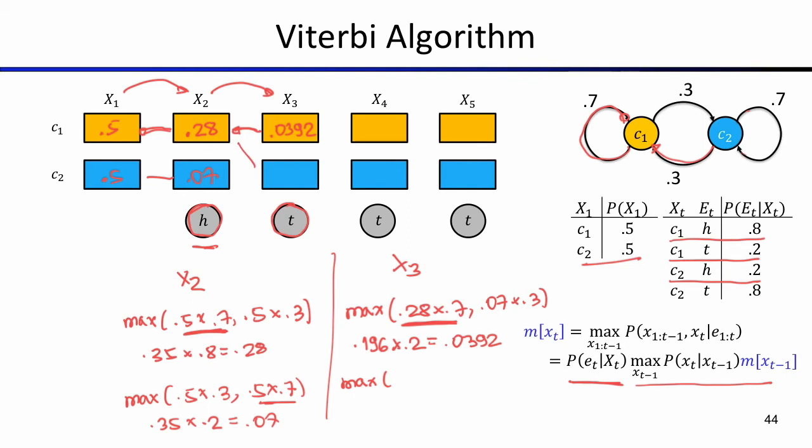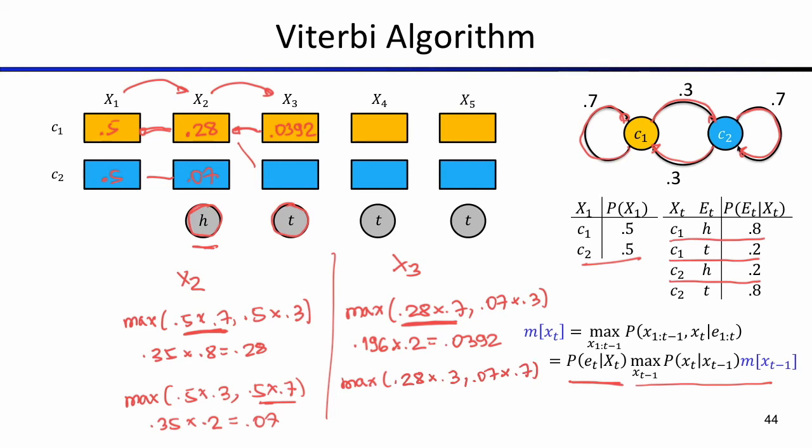So it's going to be 0.28, that is the coin C1, times, I'm going to switch coins, going from C1 to C2, so it's going to be 0.3. Or the other possibility is 0.07 times keeping the same coin C2, that's going to be 0.7.